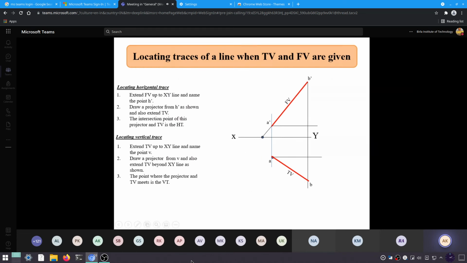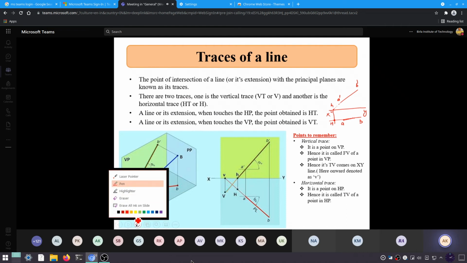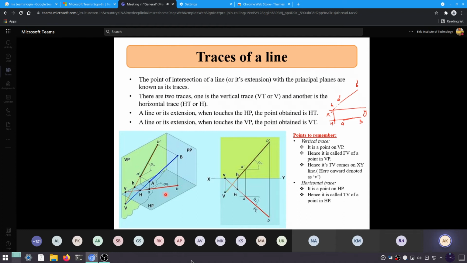Go back to this figure you see. Let's say we have got this line which is inclined to both the vertical plane and horizontal plane, right?